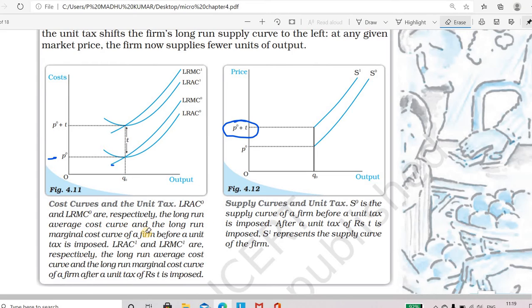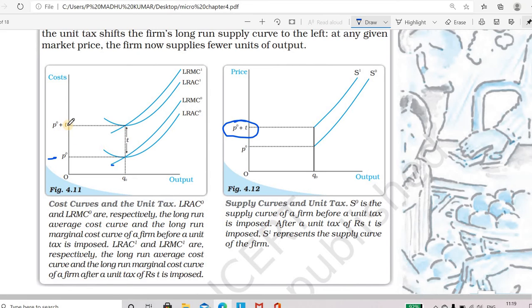The long run average cost curve and long run marginal cost curve of a firm before a unit tax is imposed are LRAC0 and LRMC0, and LRAC1 and LRMC1 are the long run average cost curve and long run marginal cost curve of a firm after a unit tax T is imposed.